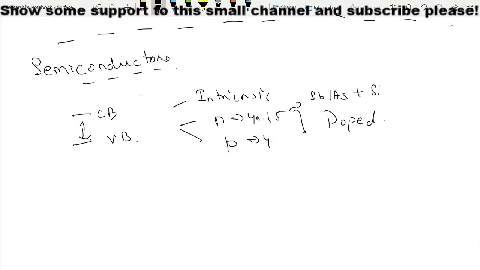And P type uses group 13 elements, which are deficient of electrons, like silicon plus gallium. So N type uses the concept of electrons and donors, which donate because it has an extra electron. P type uses the concept of holes and acceptors because it lacks electrons, right?